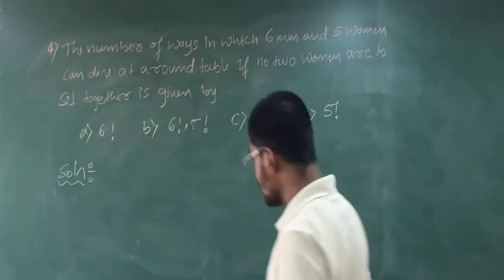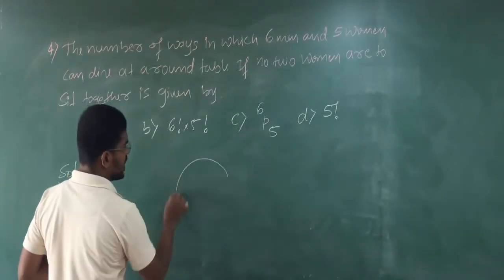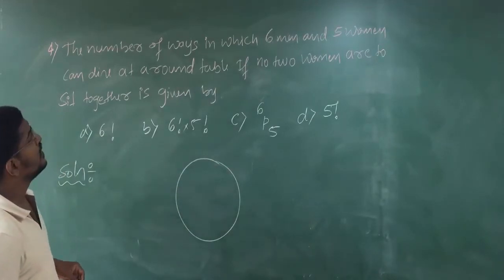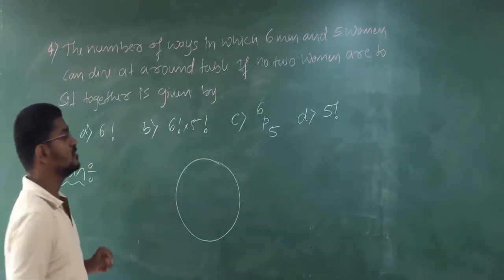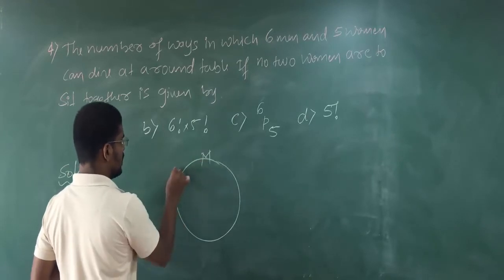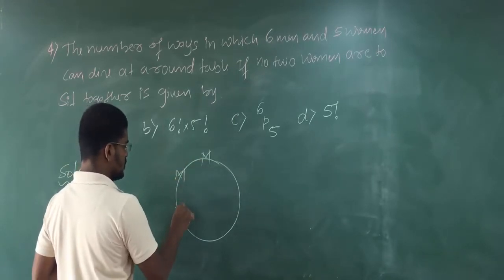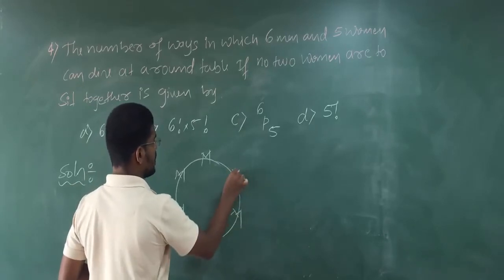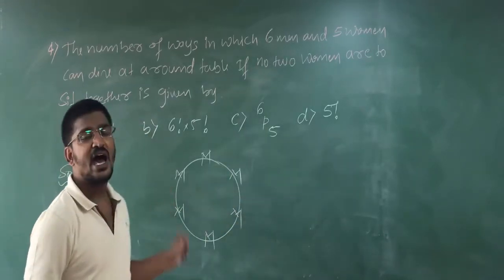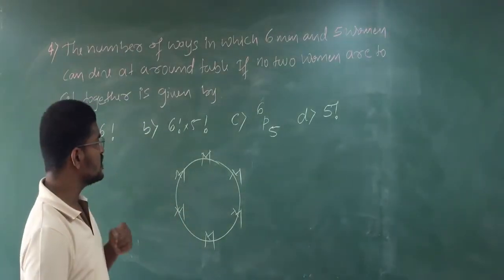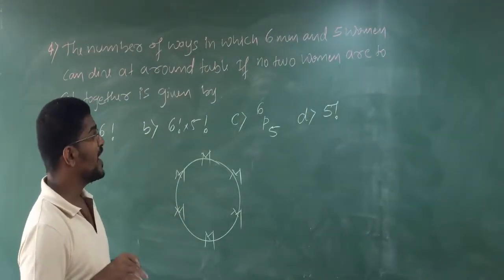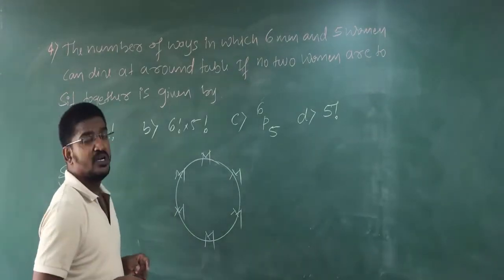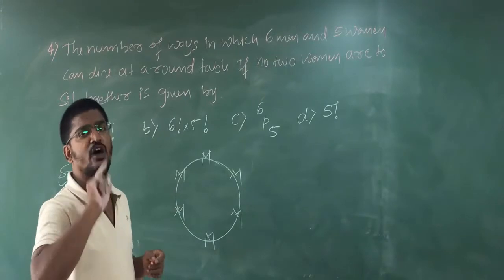Okay. So here let us take, this is a round table. I want to seat the men around the table. So this is 1, 2, 3, 4, 5, 6. That means I have arranged 6 men round the table. Now, women are not to sit together. That means between two men there must be one woman.